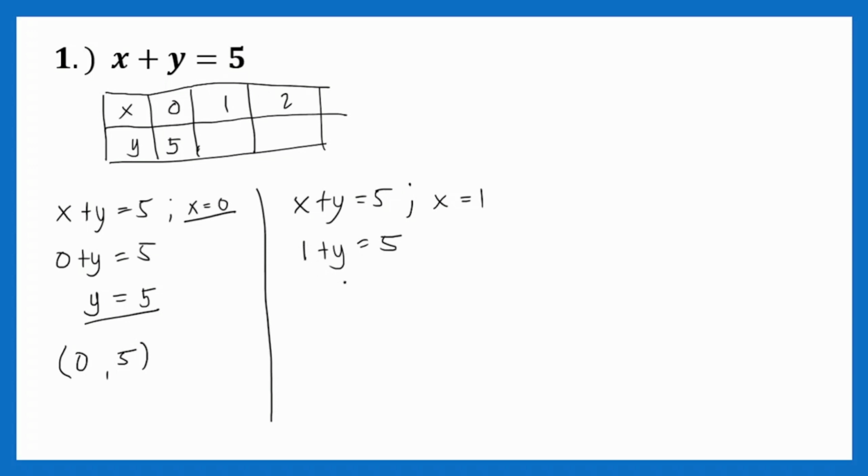Ngayon, ang gagawin mo lang dito is i-transpose mo yung 1. Bakit? Kasi ang goal natin, balikan ko yung una, ang goal natin, matira si y. Tama? And since we don't want 1 here, and hindi ko naman siya pwedeng isama dito sa y, then, pwede ko na lang ilipat yung 1 sa kabila. Alright? So, ilipat ko na lang yung 1 sa kabila. Kapag transposition po, ano nga yung nangyayari sa sign? Nag-change.